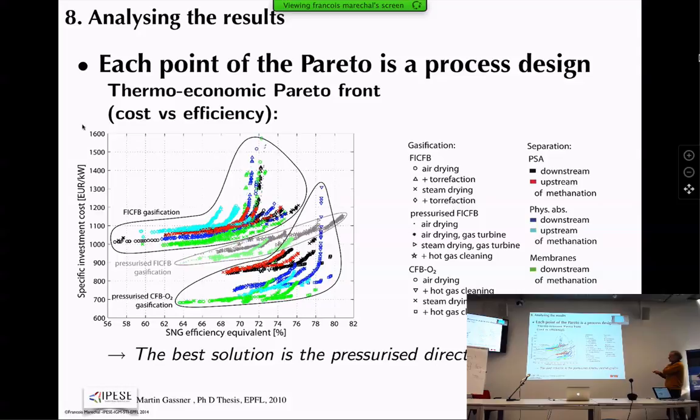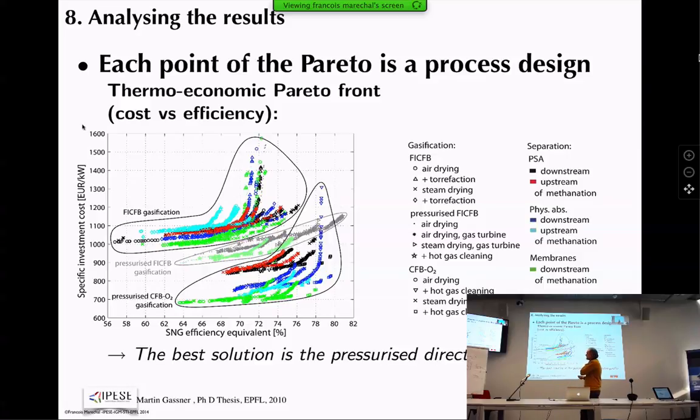For your information, calculating this curve on a single computer would have taken 1.5 years of calculation. The advantage of using an evolutionary algorithm is that two points have no link with one another. It's a population that is evaluated, which means that if you have a parallel computing facility, you can calculate hundreds or thousands of processes at the same time.